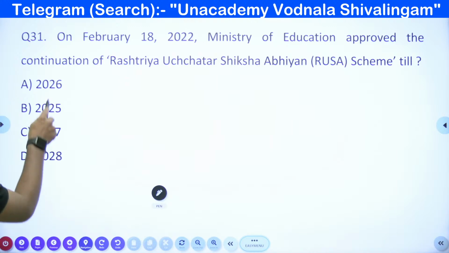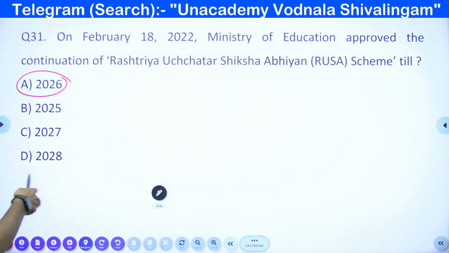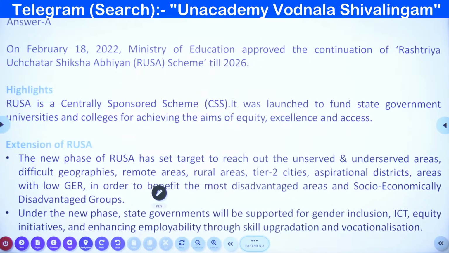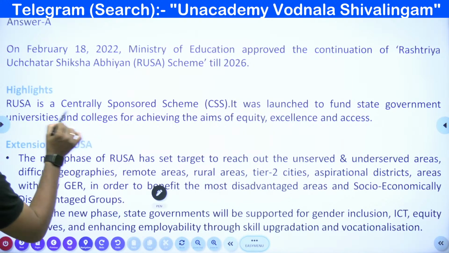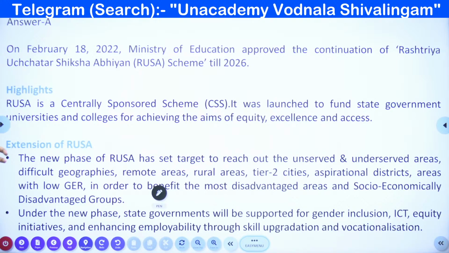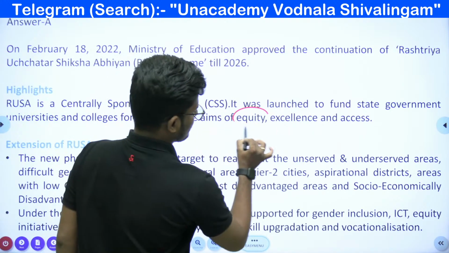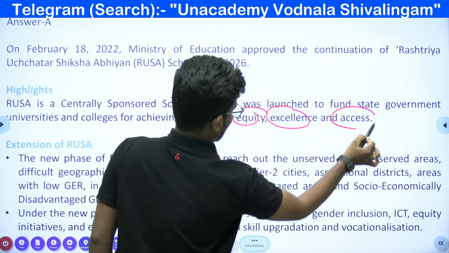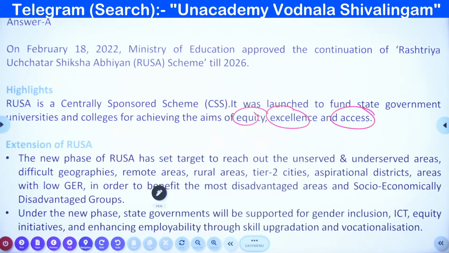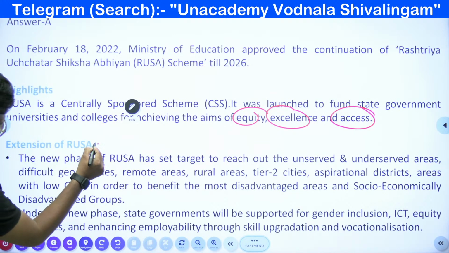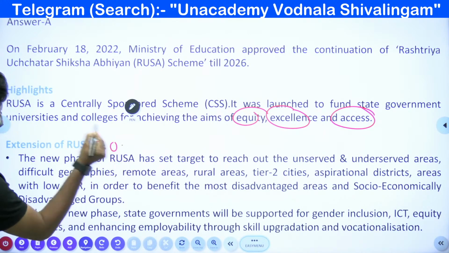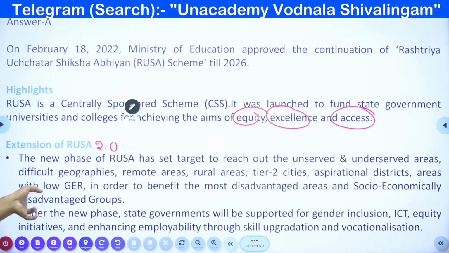Option A is the correct answer. RUSA is a centrally sponsored scheme. We know very well it works on the principle of equity, excellence and access. The extension of RUSA is treated as RUSA 2.0, till 2026.